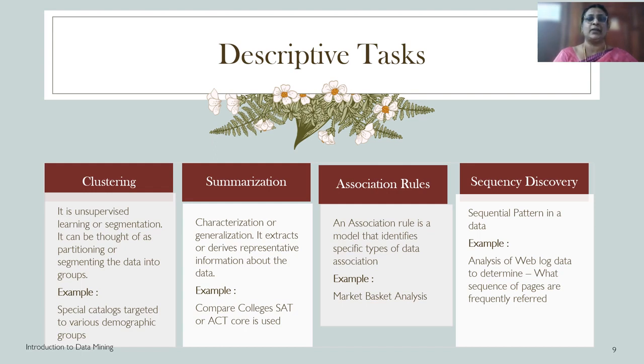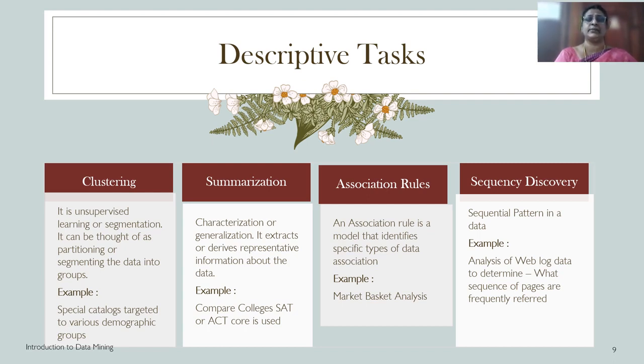The next one is summarization, also called characterization or generalization. Overall information is extracted from the data. For example, by comparing college scores such as ACT scores, people can give a rank to the college.